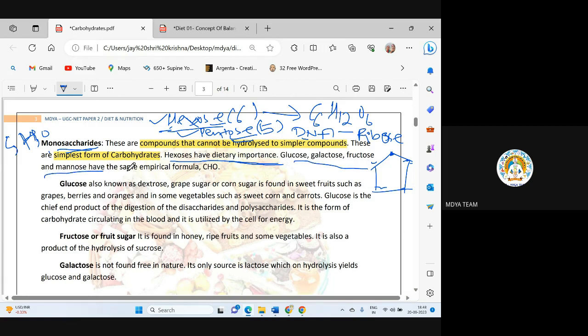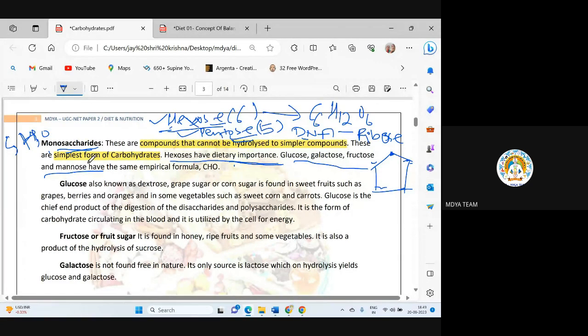All have the same empirical formula, CnH2nOn. So all these are hexoses, and they have the same formula. Examples of monosaccharides are glucose, galactose, fructose, and mannose.